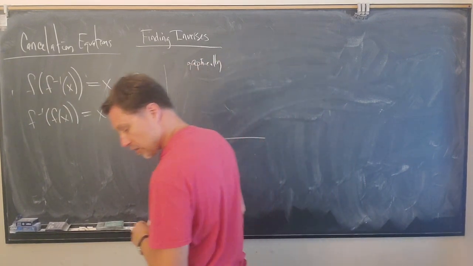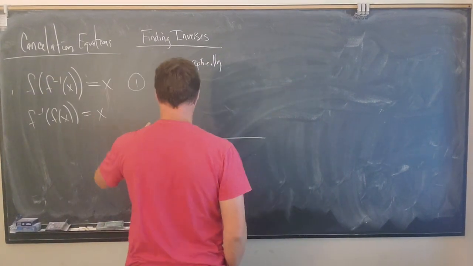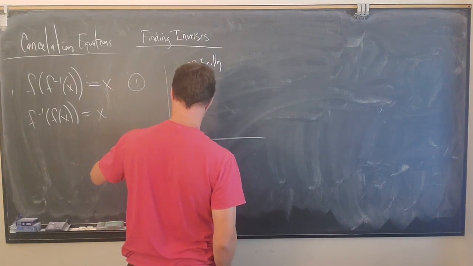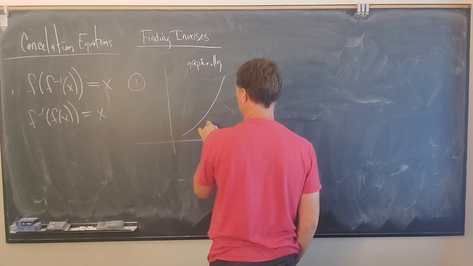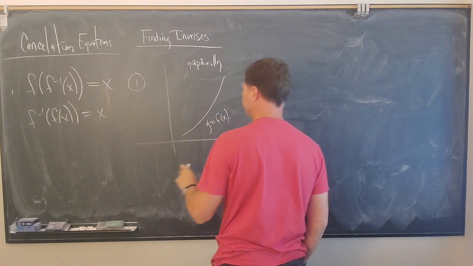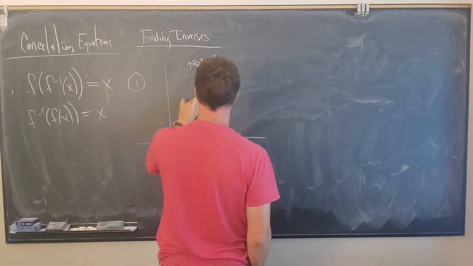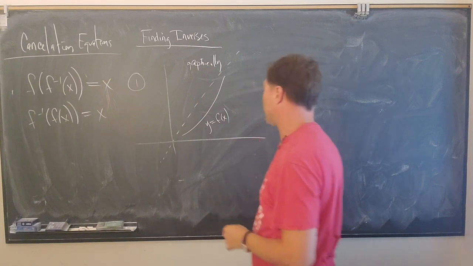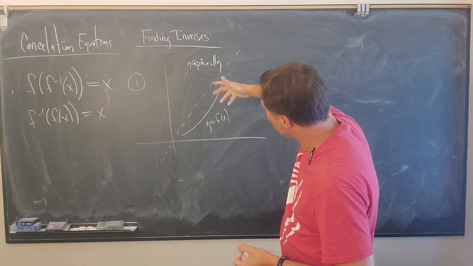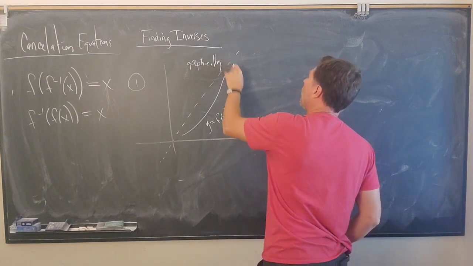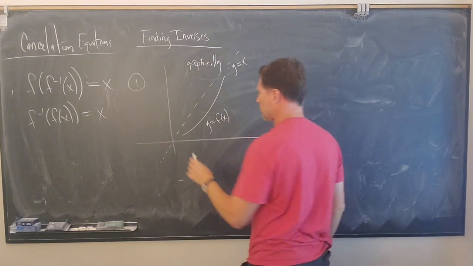If we have the function, let's say y equals f of x right here, let's do it like this. Then the graph of the inverse function can be found by flipping about the line y equals x.